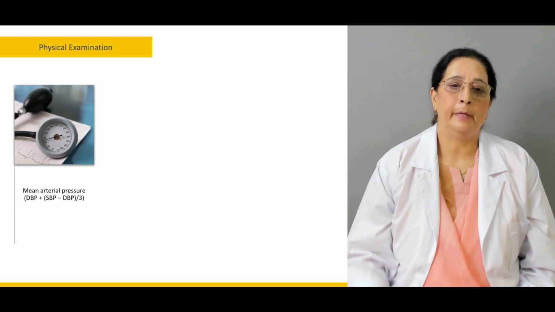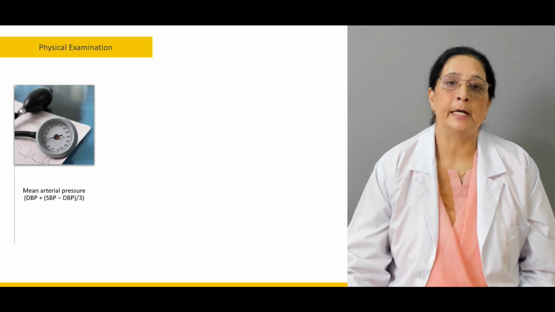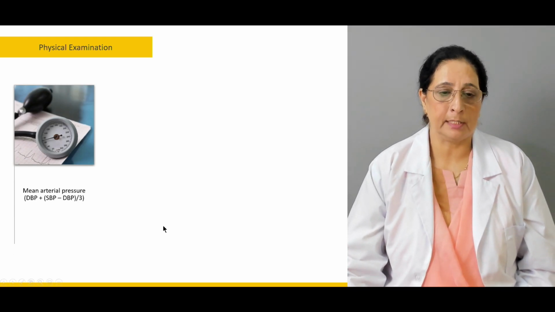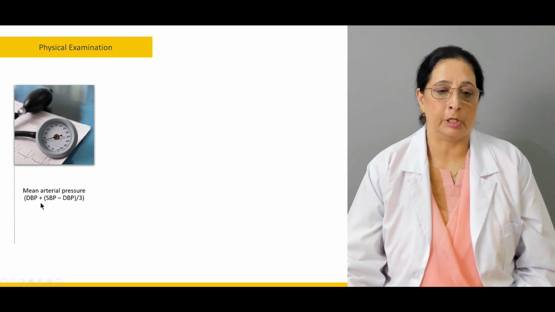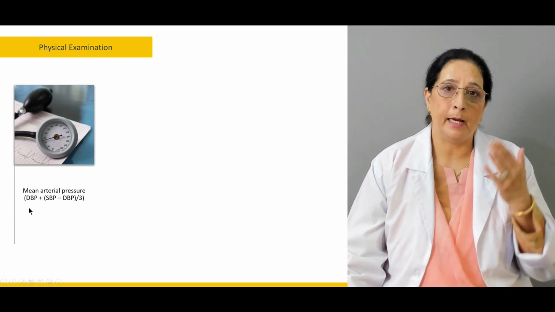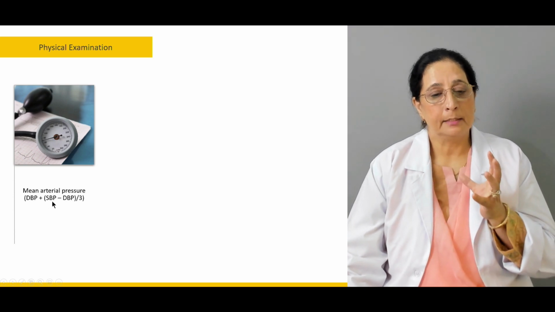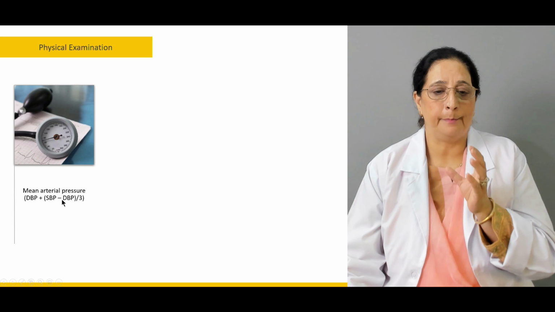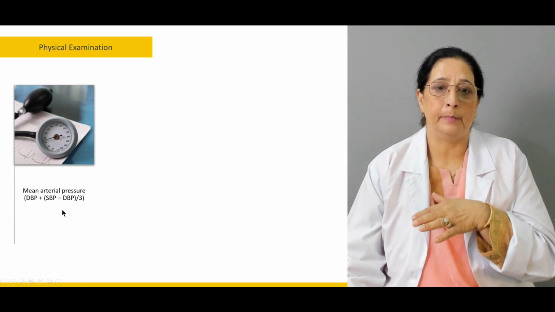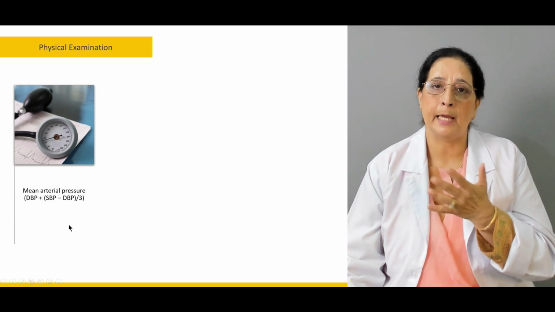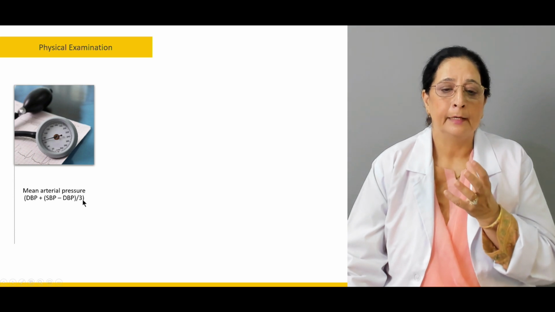Then also some other findings, the mean arterial pressure. What's the mean arterial pressure? That is measured by the diastolic blood pressure plus the systolic blood pressure minus the diastolic blood pressure, divided by 3.